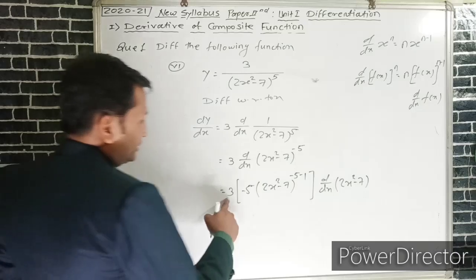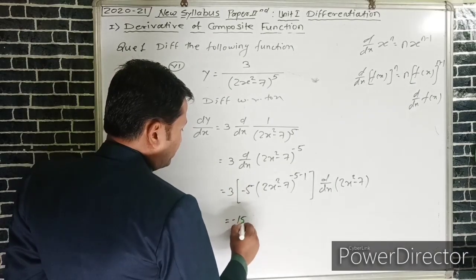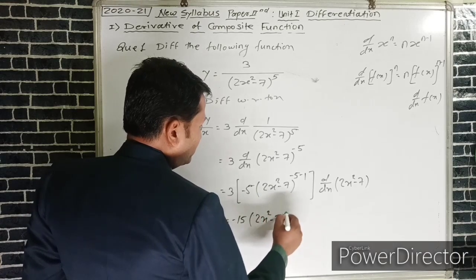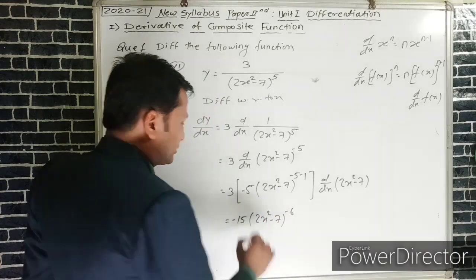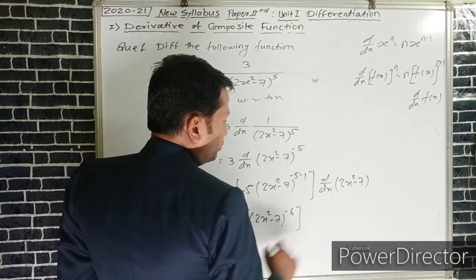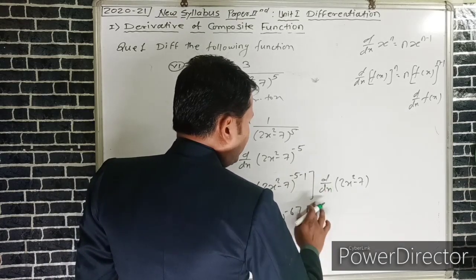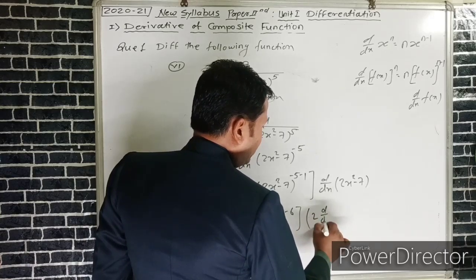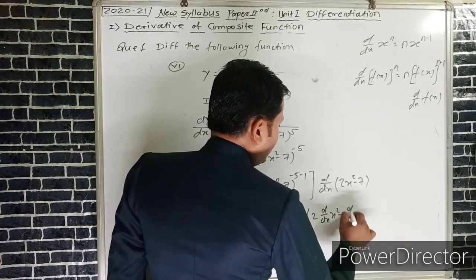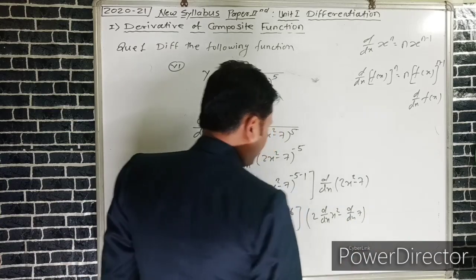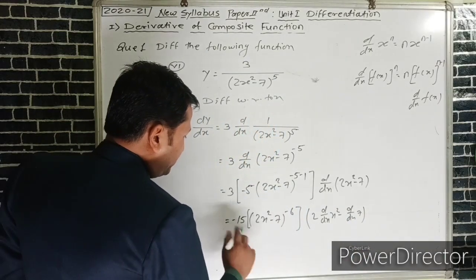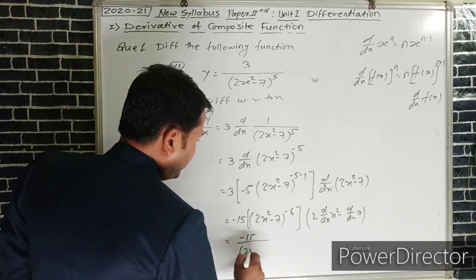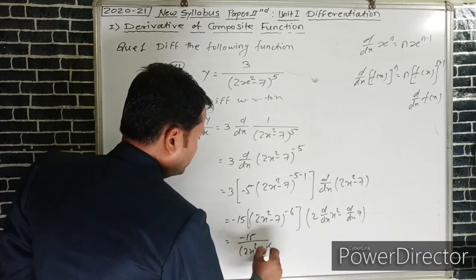We can write it 3 into minus 5, which is minus 15, into 2x square minus 7 whole raised to the power minus 6 into the derivative of 2x square minus 7. 2 is a constant, we take the derivative of x square separately, and again the derivative of 7. So minus 15 upon 2x square minus 7 whole raised to the power 6.